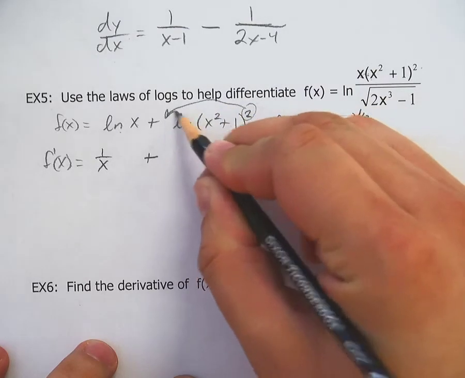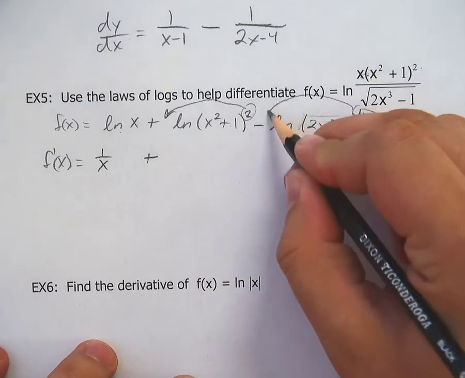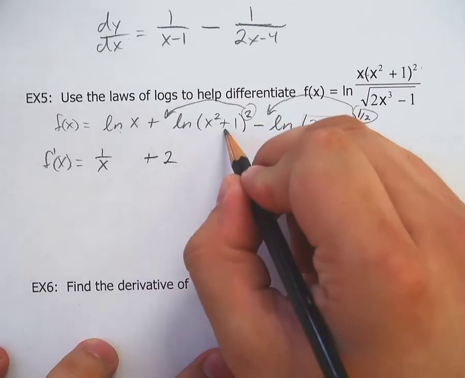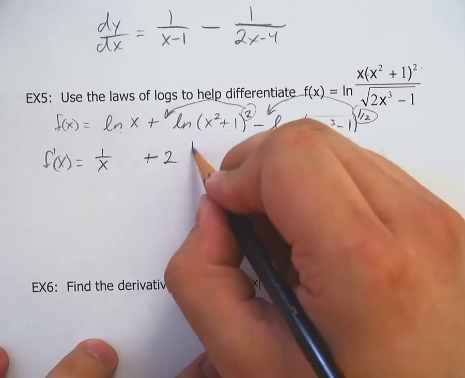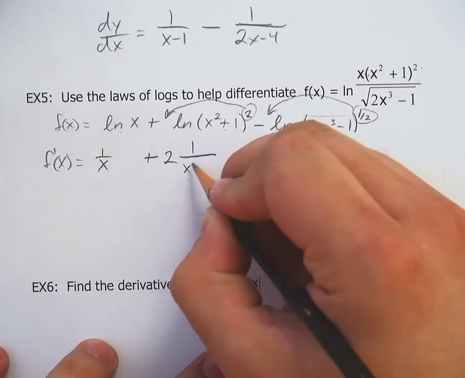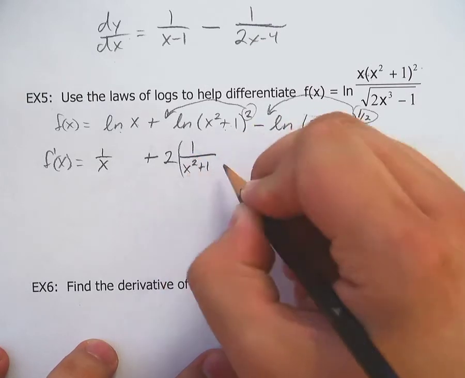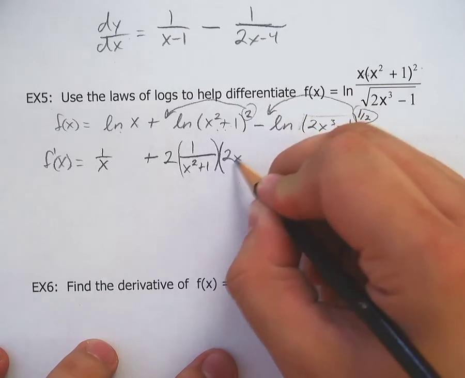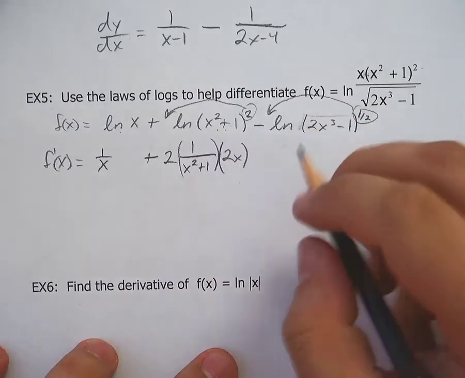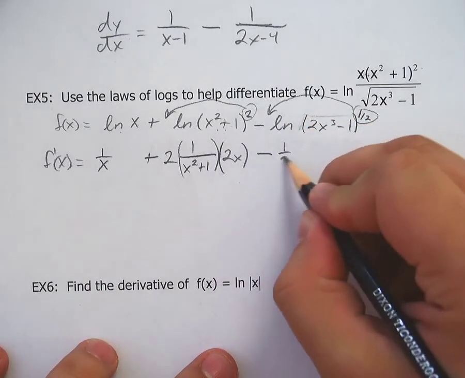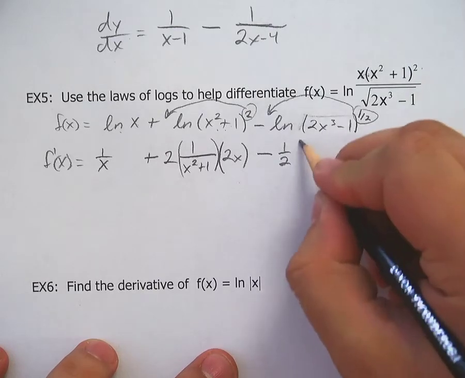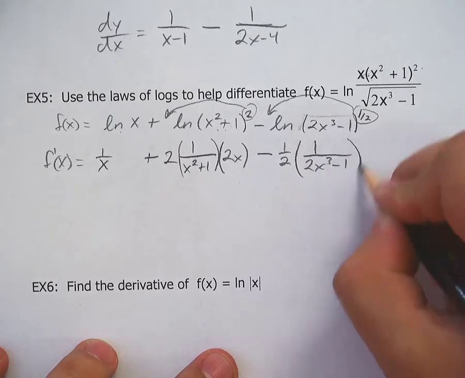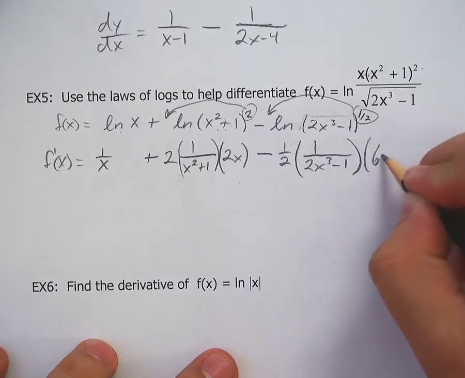Bring this 2 down here, bring this 1/2 down here, so it'll be plus 2, 1 over u, times the derivative of u, minus 1/2, 1 over u, times the derivative of u.